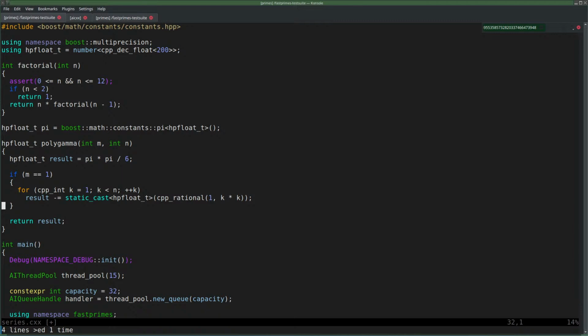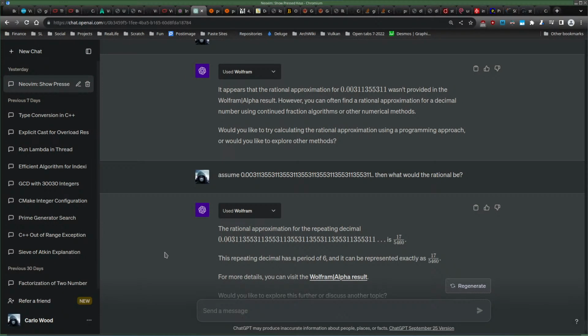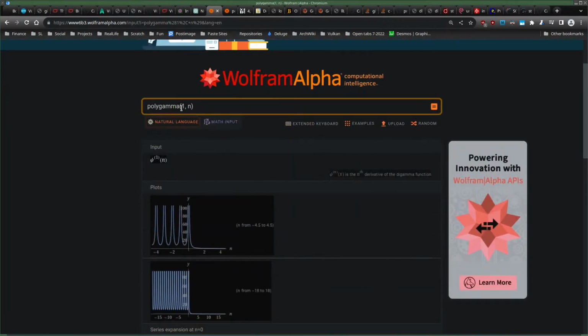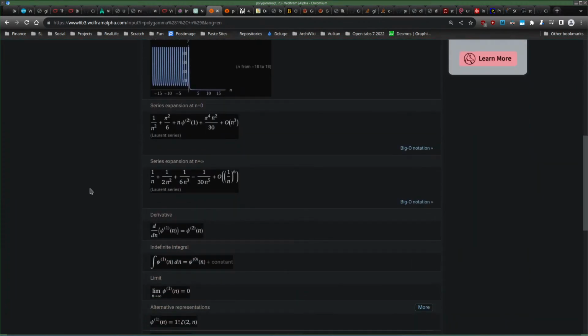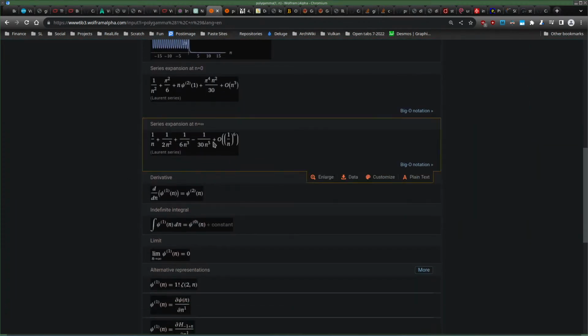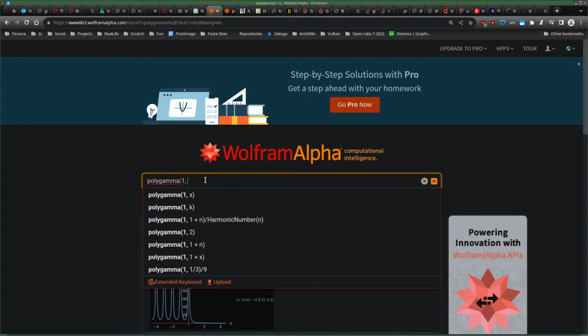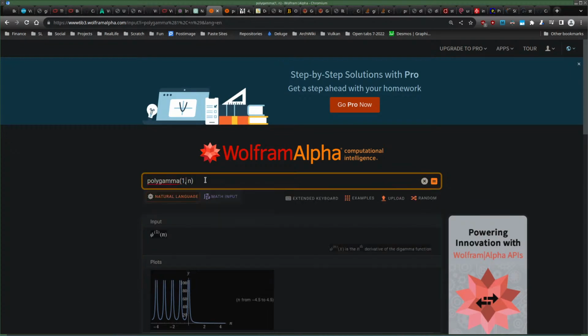Yep, okay, well, just try this, I guess. Polygamma 1 of n was this, and I extended that to n to the power 11. Sorry, I want to go to polygamma of 2.